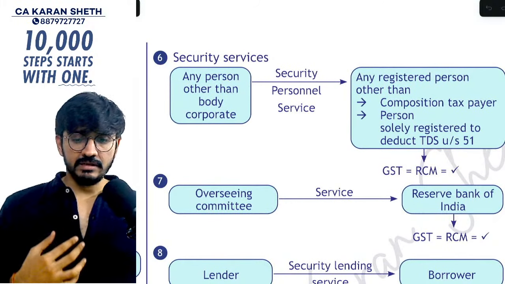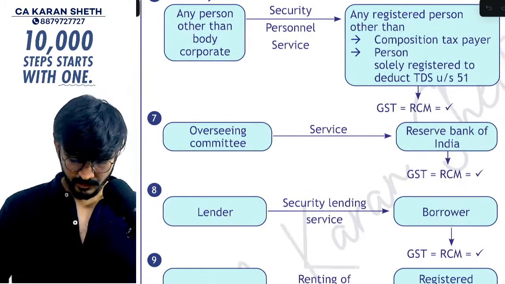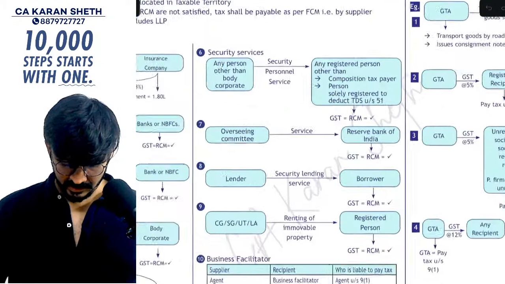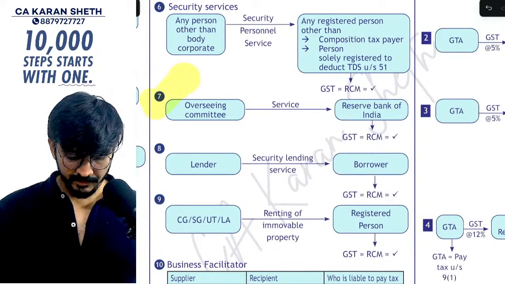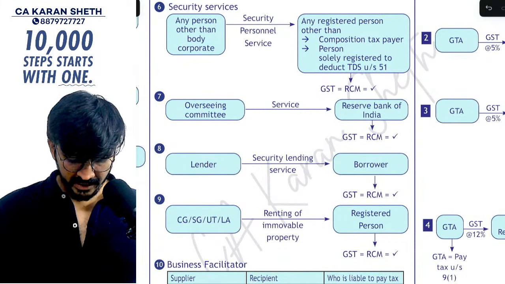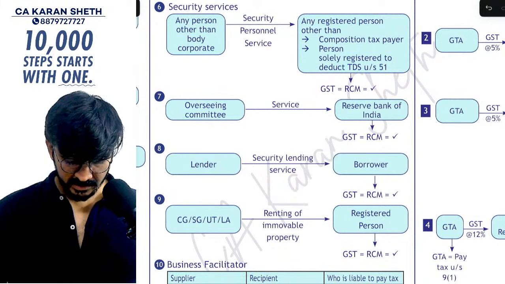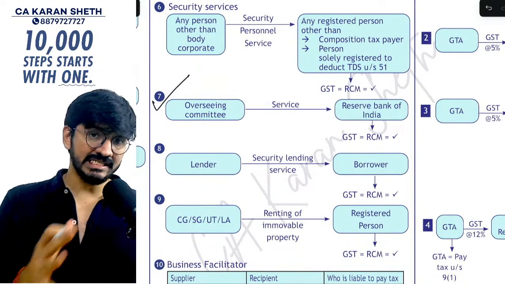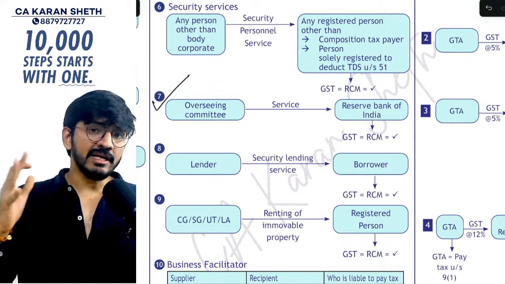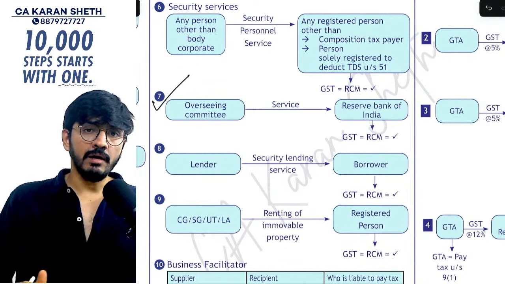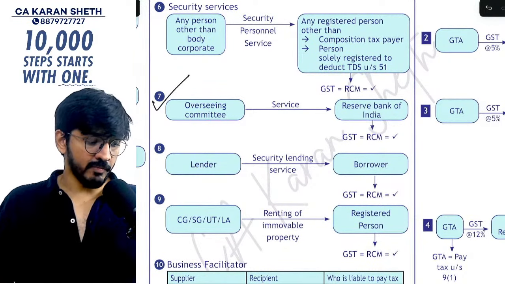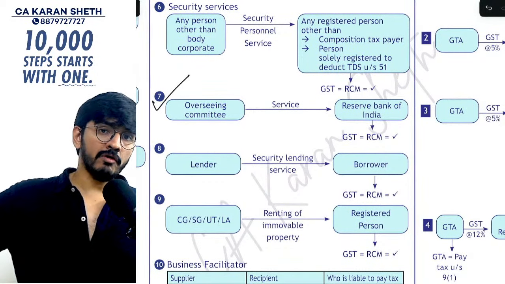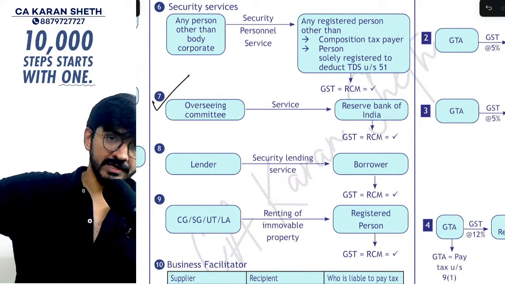Nonetheless, next, my dear friends, I will just knock off the easier ones. Overseeing committee. When I talk about the overseeing committee, these are a few individuals, let's say 5-6 individuals, who consult RBI, especially in those matters where banks have lent a lot of money to big corporates who have defaulted.